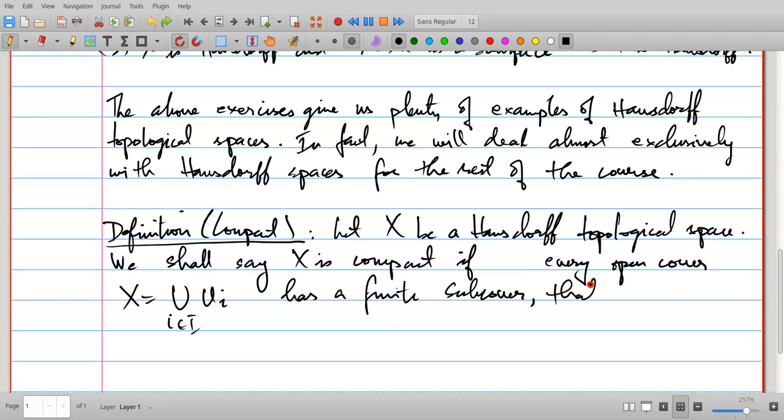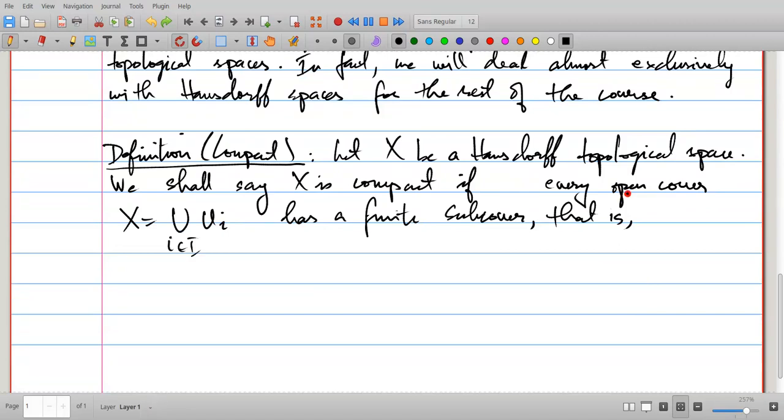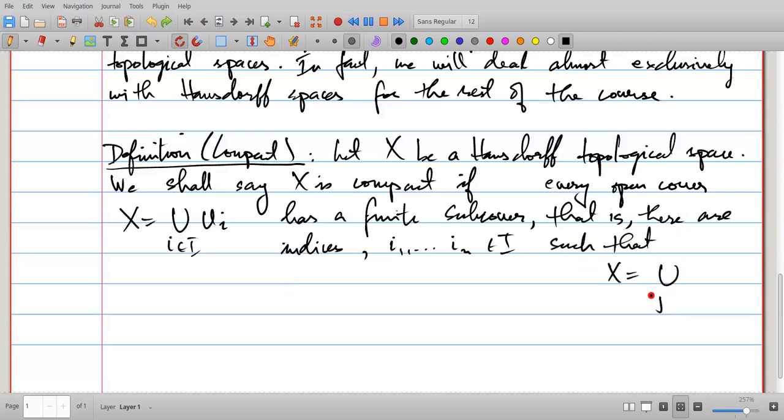That is, there are indices i_1 up to i_n in I such that X is equal to the union of U_{i_j}.